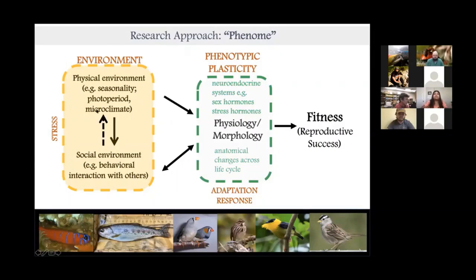And how do these environmental changes affect the phenotype of an organism? We go into measuring physiological changes, specifically neuroendocrine changes, as well as changes in morphology. And so how do these changes in phenotype ultimately affect the reproductive success of an organism?